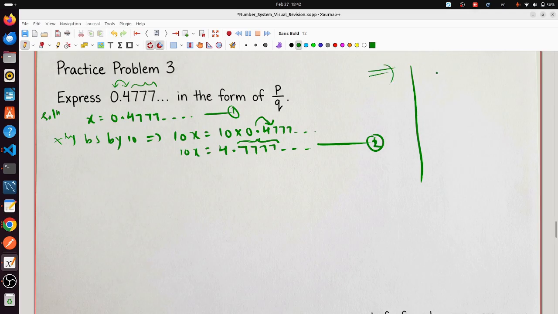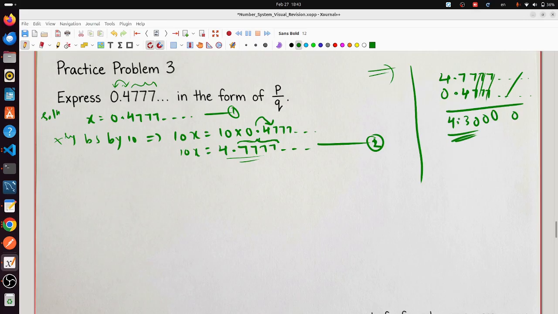Now what will happen? Equation 2, just consider the right hand side, 4.777 dot dot dot. Here what do we have? 0.47 dot dot dot. See here all the values become 0. Here also 7 minus 7 is 0, 7 minus 7 is 0, 0 here also. Now here what did we get? 7 minus 4 is 3, 4.3 we got here.